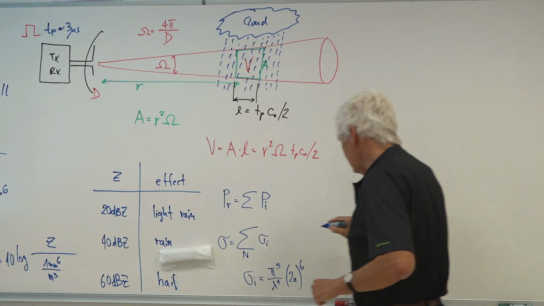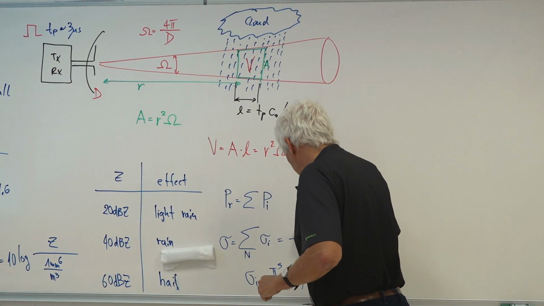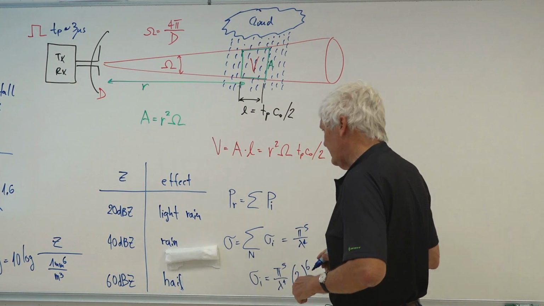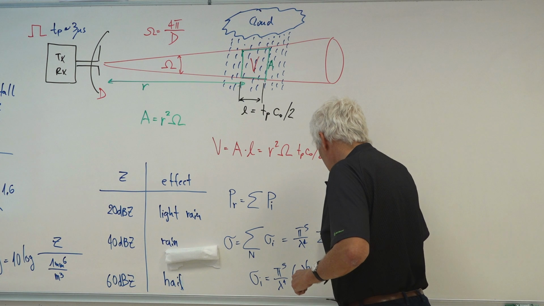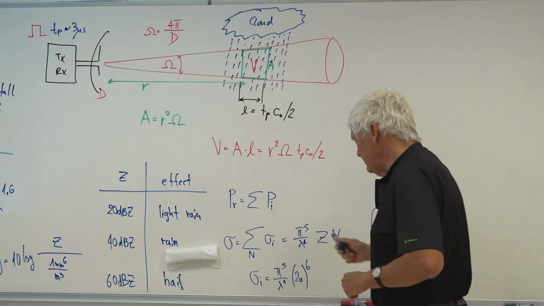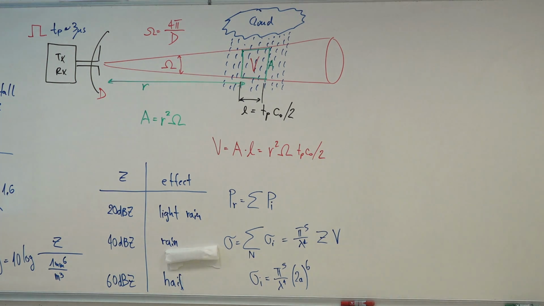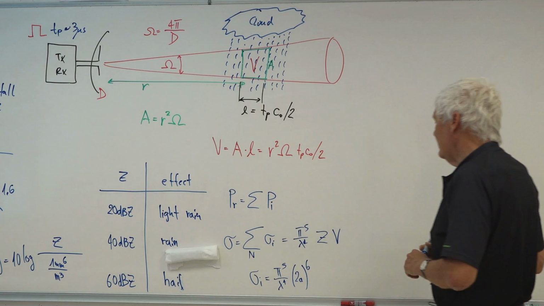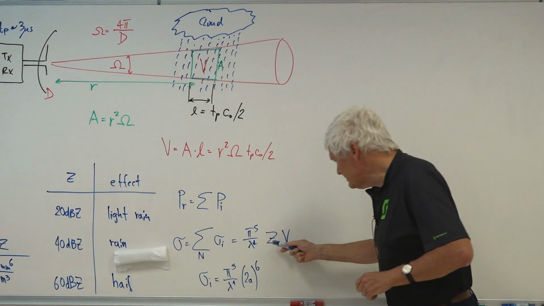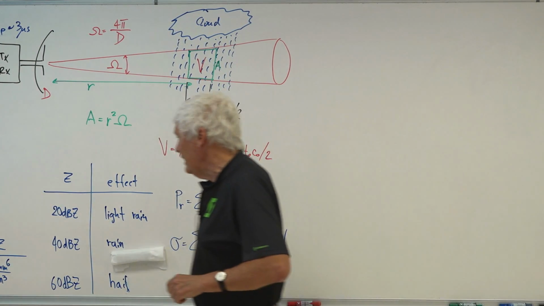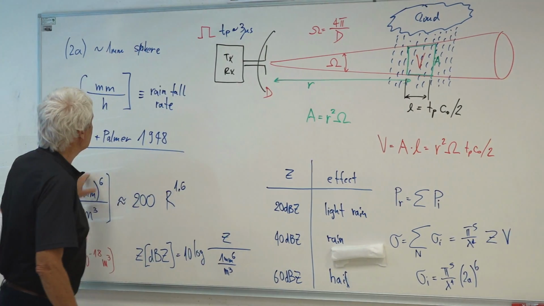So this thing here, which will be pi to the 5th power over lambda to the 4th, I already have contained in Z. Z in linear units times the volume, the volume of the active area I'm actually observing with my radar. Z already provides this 6th power of diameter of drops, and I need not care now about the diameter of real drops.